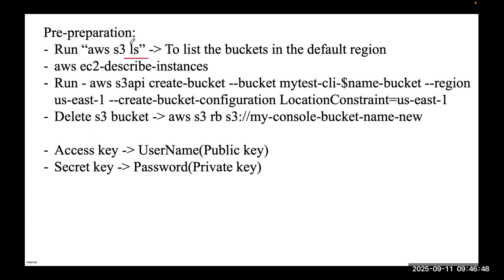There is no need to give any specific bucket name. So similarly, describe instances will describe and show you all the instances available in the particular region. So create bucket is a very specific write operation. In that you have to give a unique bucket name that you might have already given and then created. Hope you have done it.